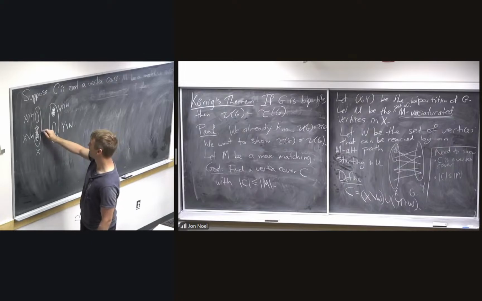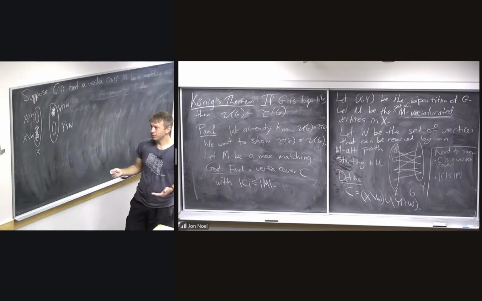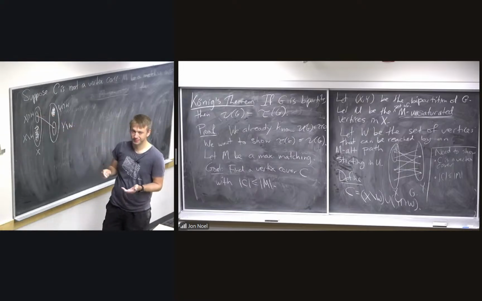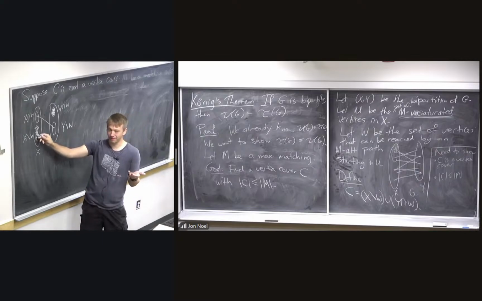So if there's an edge that didn't get hit, it must start here and end here, because if it had an endpoint here, I've hit it. If it had an endpoint here, I've hit it with that stuff.